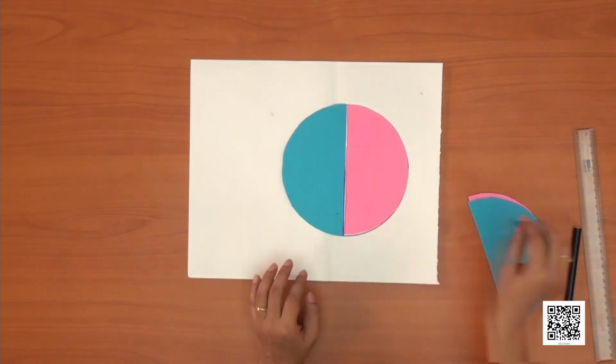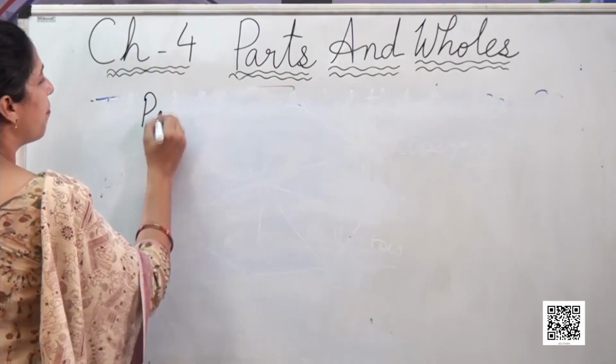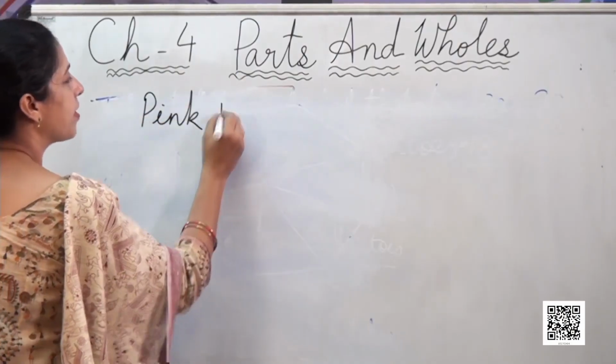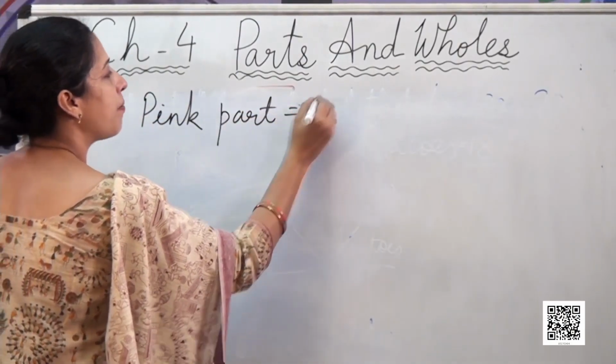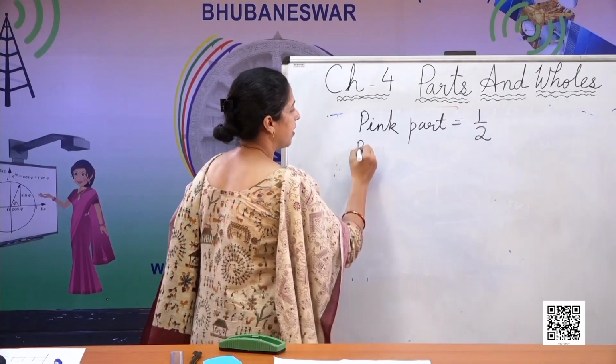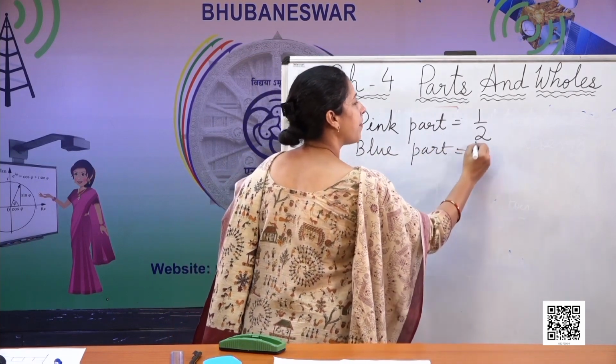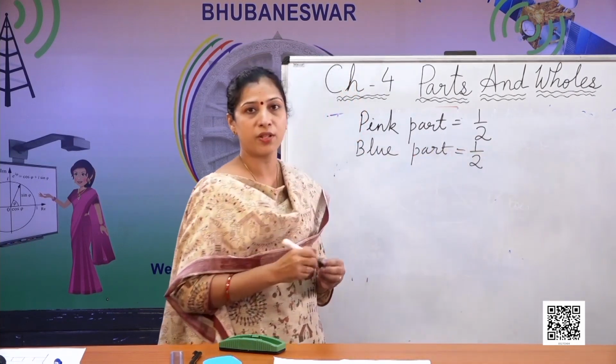Now what is the part of the pink which is colored? So let's see now on the board. The colored pink part is equal to 1 by 2, and also the blue part is equal to 1 by 2, because I have divided the circle into 2 equal halves.